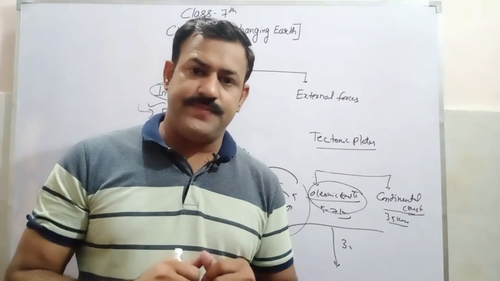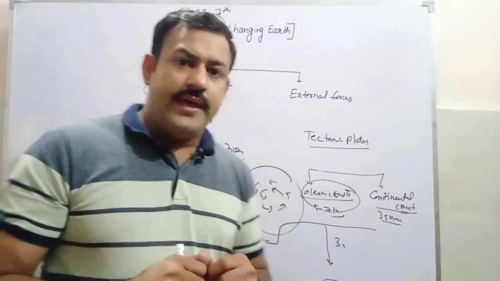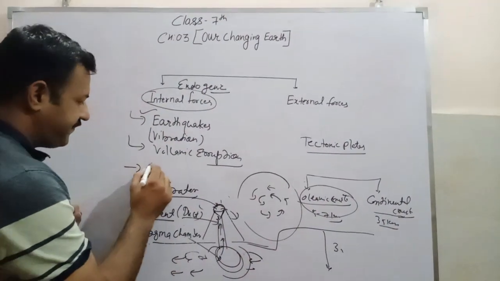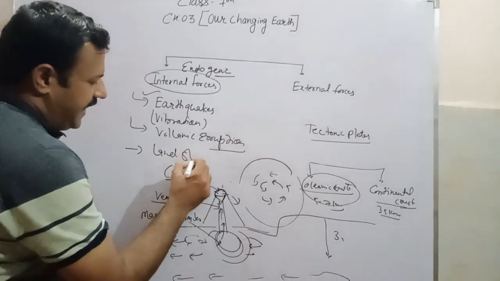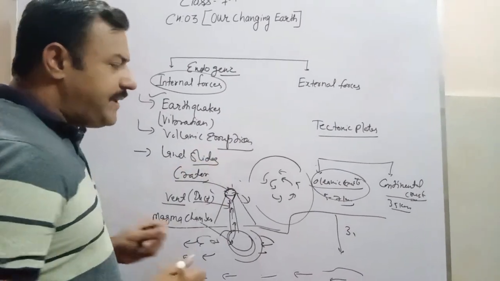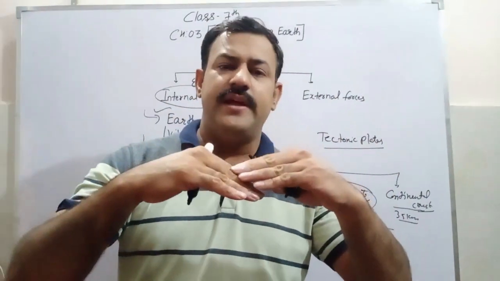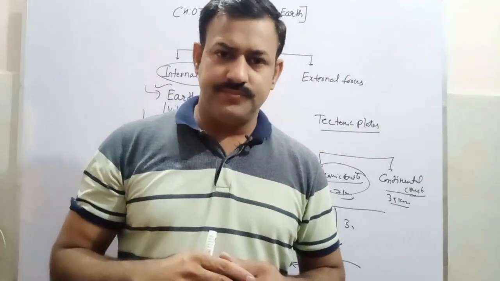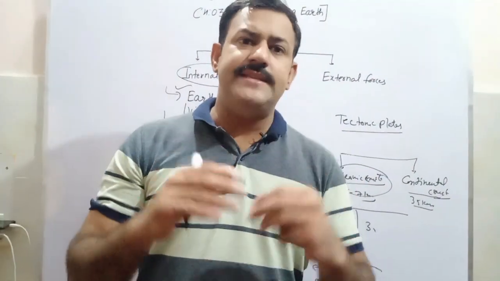Third and last is landslides. Sometimes due to convergent and divergent movements, if some sudden movement is happening.